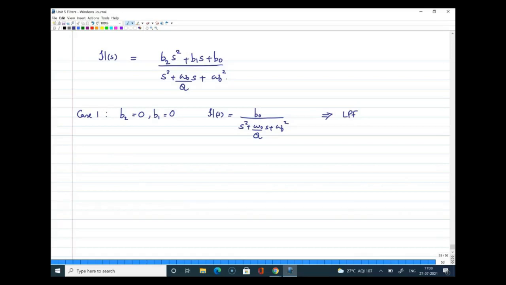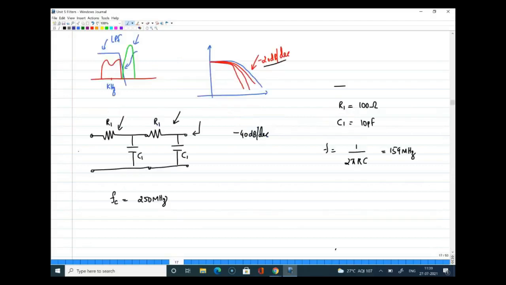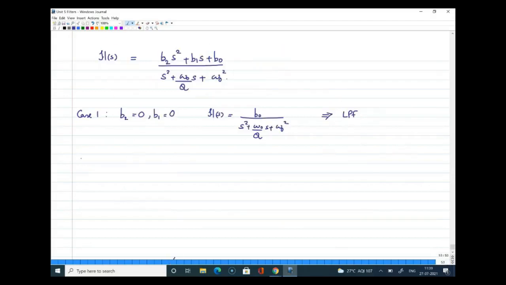The other way is to look at the poles: there are only two poles, so there is no chance of having an increasing slope. The only possibility is a slope of minus 40 dB per decade, with the poles at two different locations. So in that way, we can say that this is a low pass filter. Whenever you encounter a transfer function of this form, you can straight away say that this is a low pass filter.